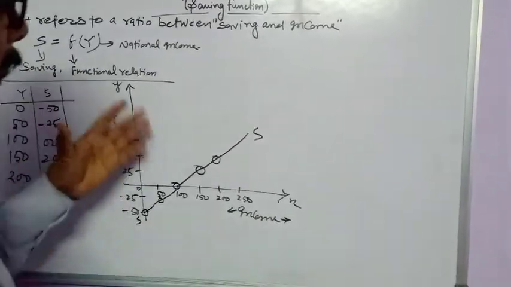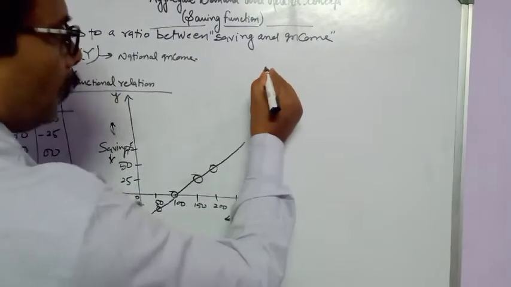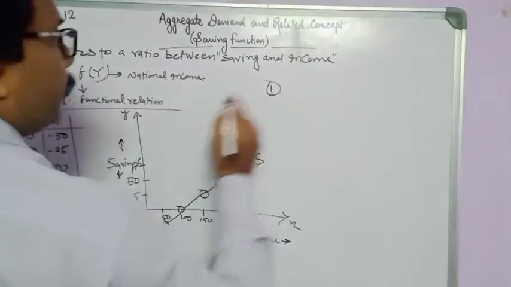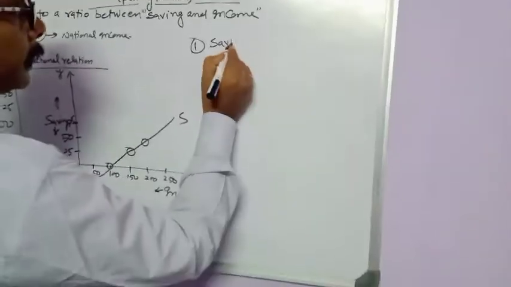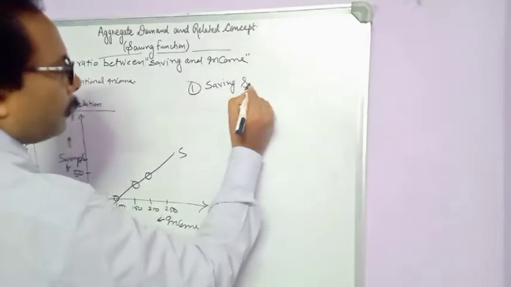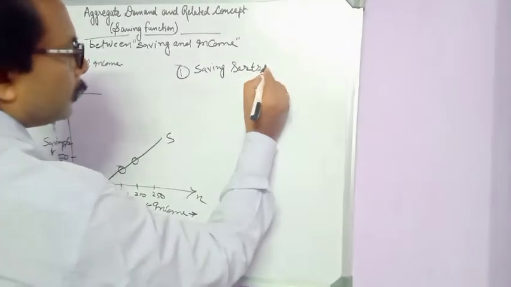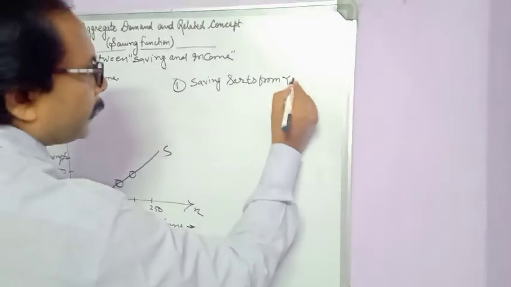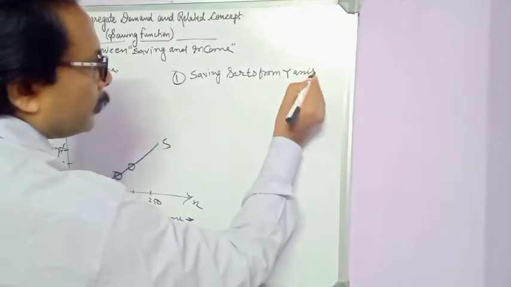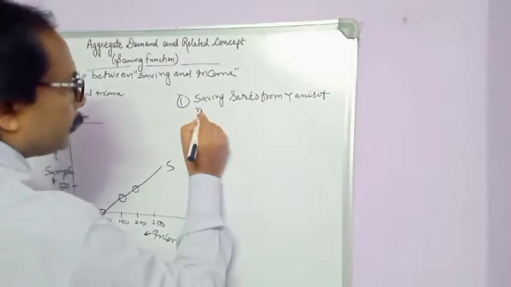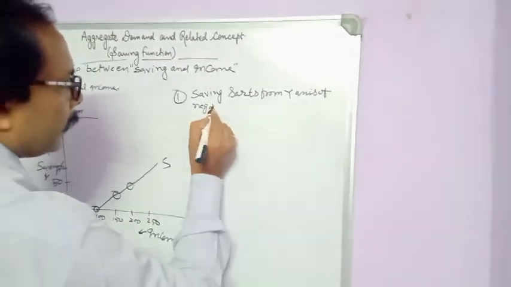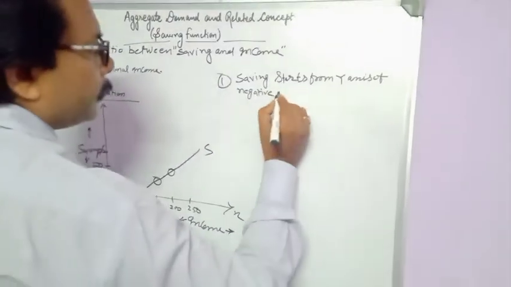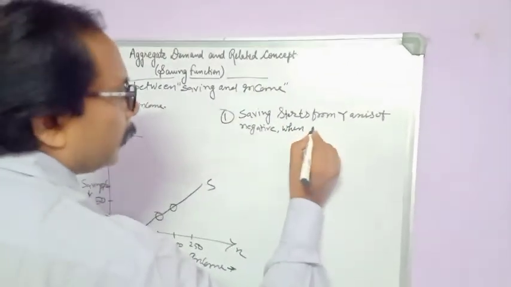So what will be the observation? The first observation is saving starts from the negative y-axis when income is 0.